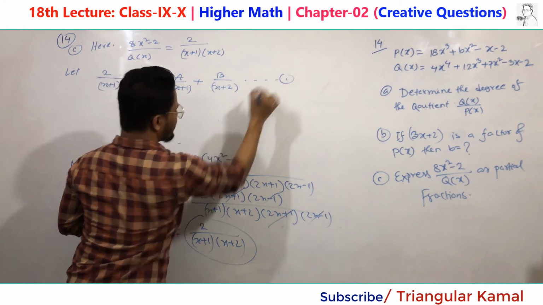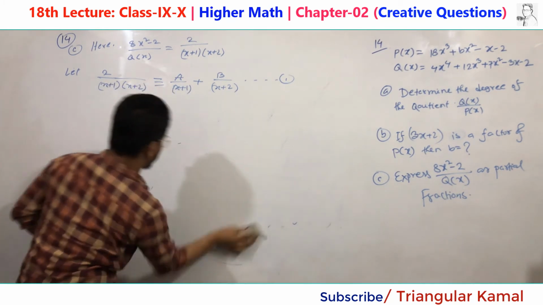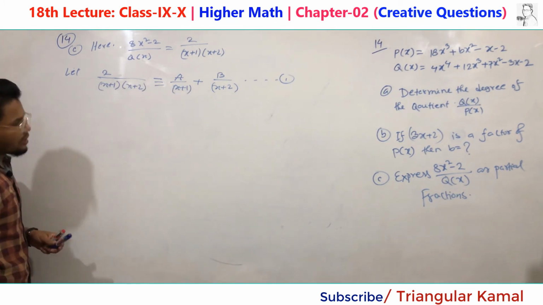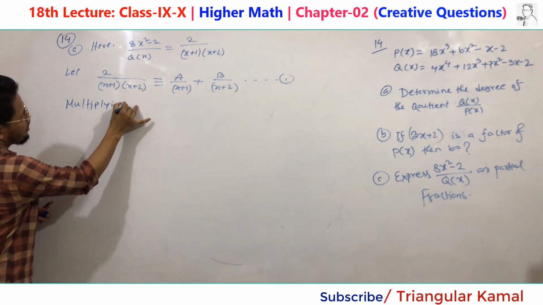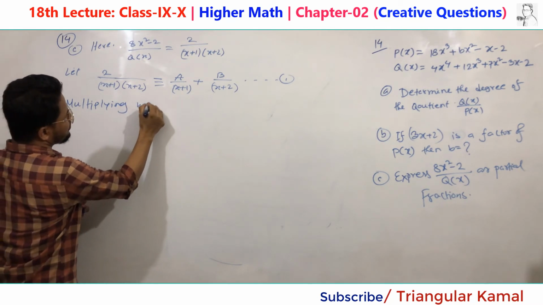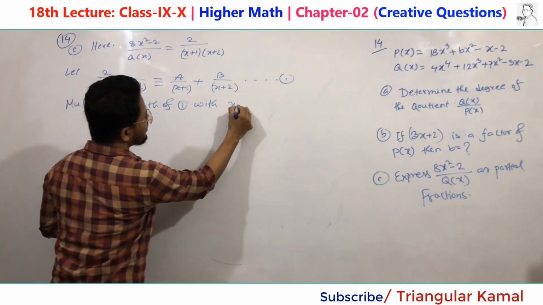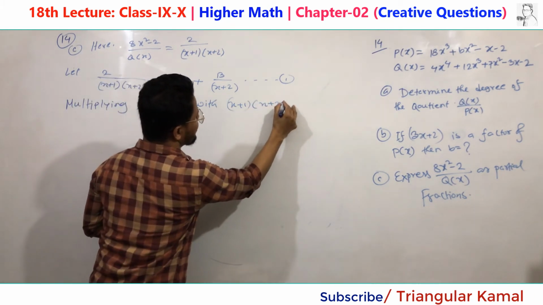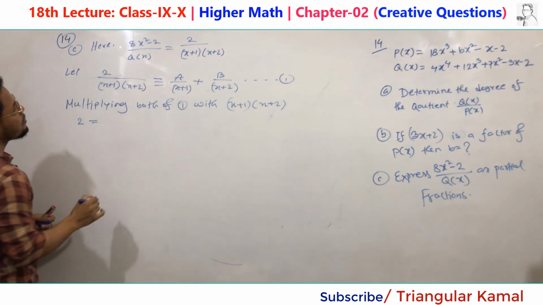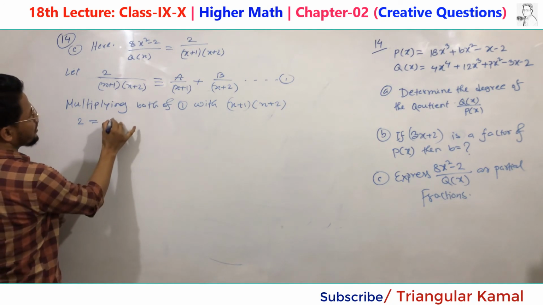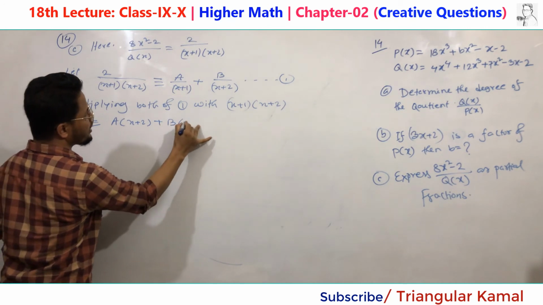And this is number 1. Multiplying both sides of 1 with x plus 1 and x plus 2, we get 2 equivalent to a with x plus 2 plus b with x plus 1.